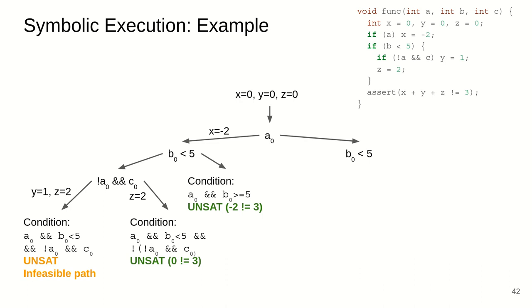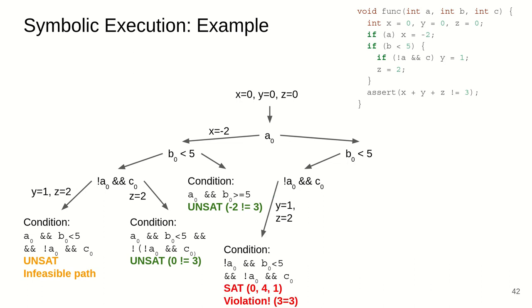Now we're assuming that a0 is false. Again, we copy the whole tree. b0 is smaller than 5. We again check for not a0 and c0. And here, the SAT solver will actually give us a satisfying assignment and say, hey, we've got a satisfying assignment, and here's the concrete example.